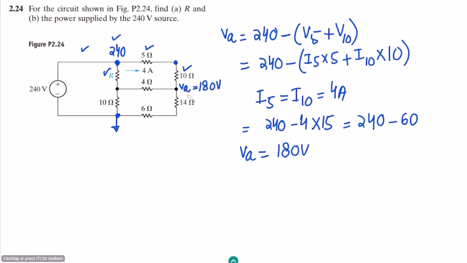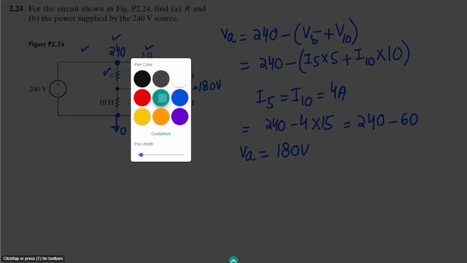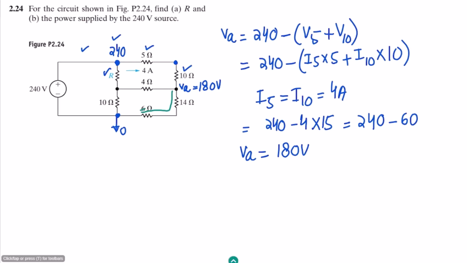Now this voltage is known, so we can clearly see the current which is flowing through this branch. If the potential difference is known, we can easily find this current, and let me call this current IX. So IX is VA minus 0, divided by the resistances, which are 14 plus 6, so this is 20.